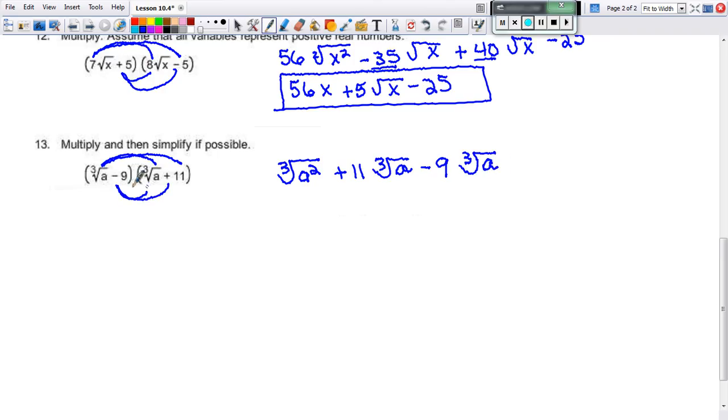And then negative 9 times 11 is negative 99. Cubed root of a squared, we can't do anything with that because 3 doesn't go into 2. So I leave it like it is. For my cubed root of a, 11 take away 9 is a positive 2. And then I have the negative 99.